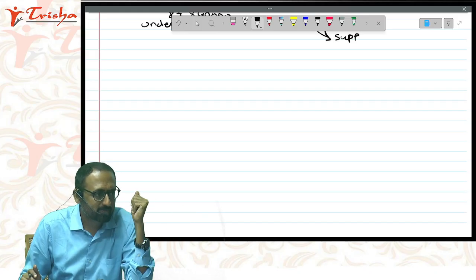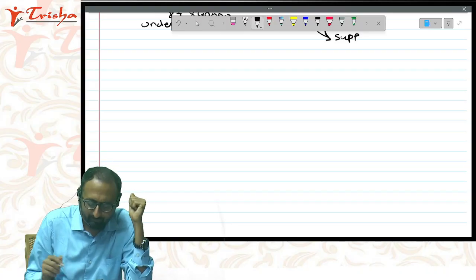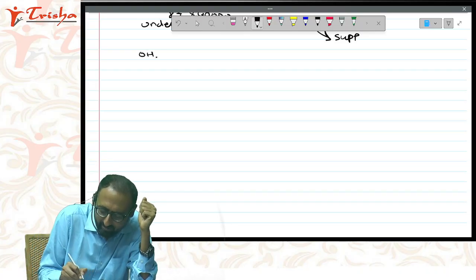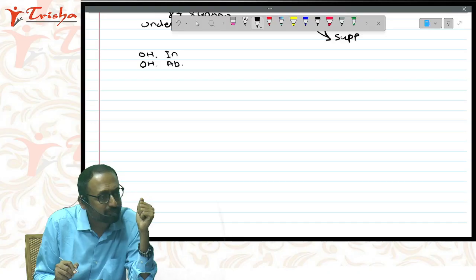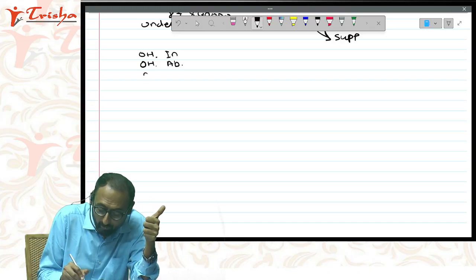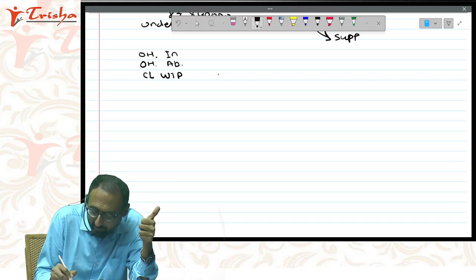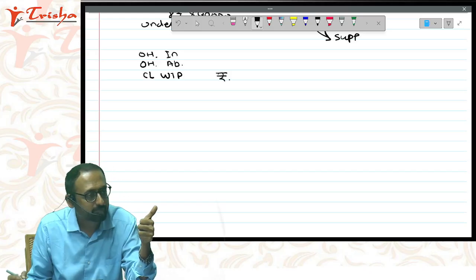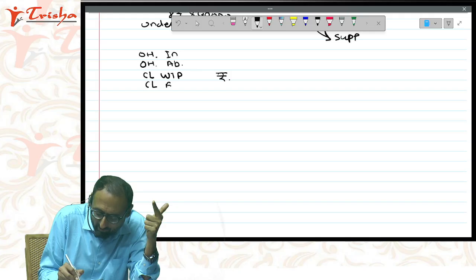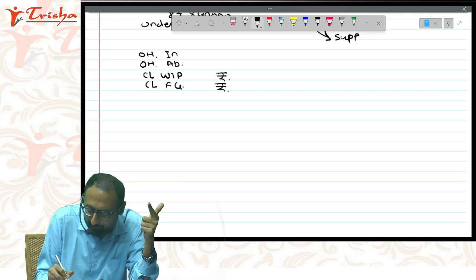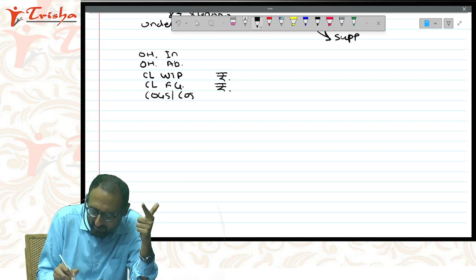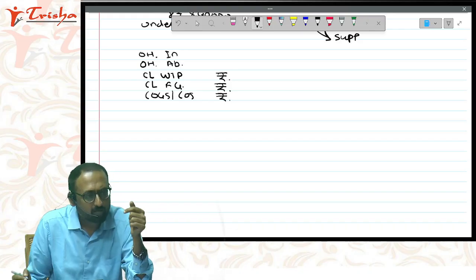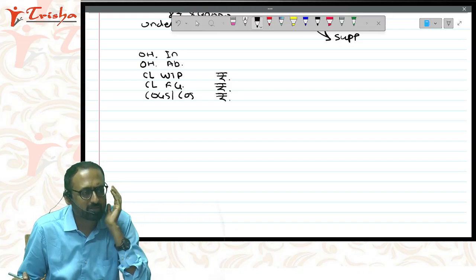Now, boys and girls, sometimes in the question they will give overhead incurred, overhead absorbed, closing stock of WIP in rupee terms, closing stock of finished goods in rupee terms, and COGS or cost of sales in rupee terms. That's it. Only this information is given.